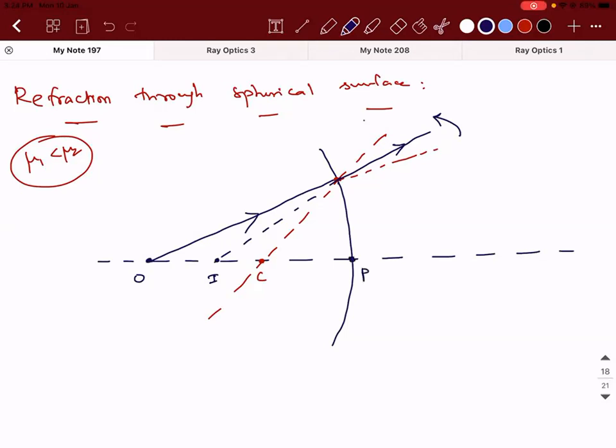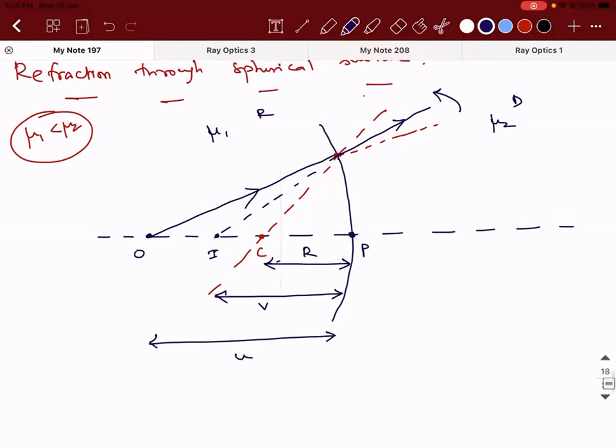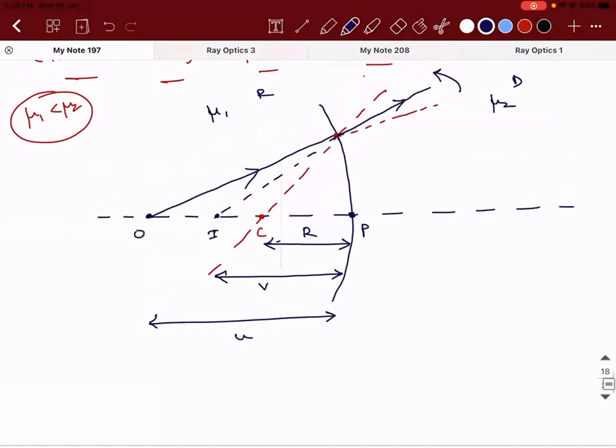And if I take this point as P, this is mu1, this is mu2, the ray is traveling from rarer to denser. So the distance from point P to O is what we call U. The distance from P to I is called V. And the distance from P to C is called R. Now, this is going to be the angle of incidence, and this would be the angle of refraction.